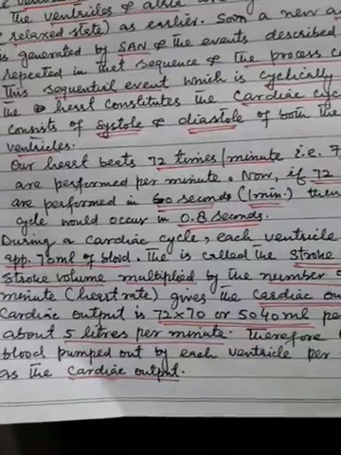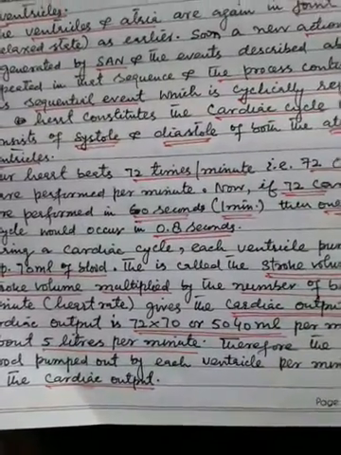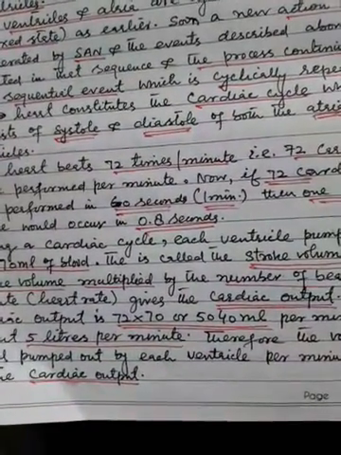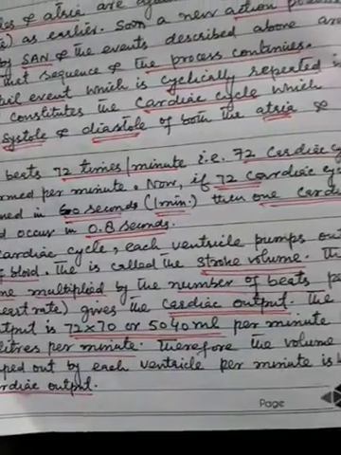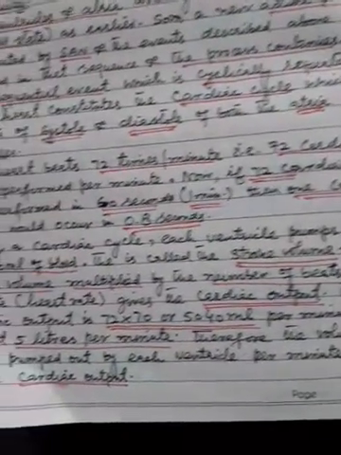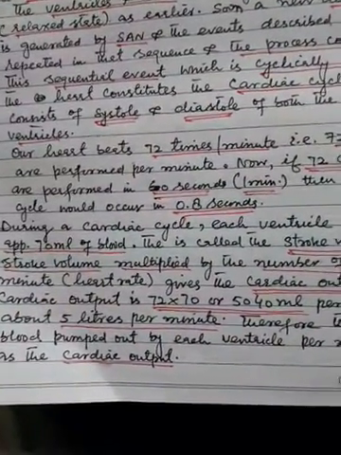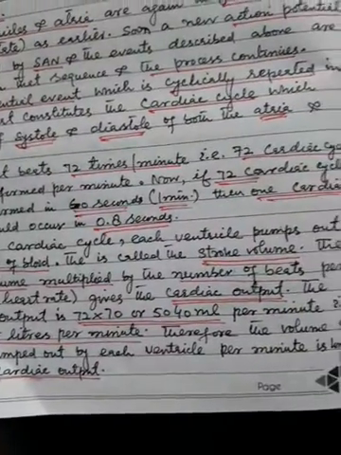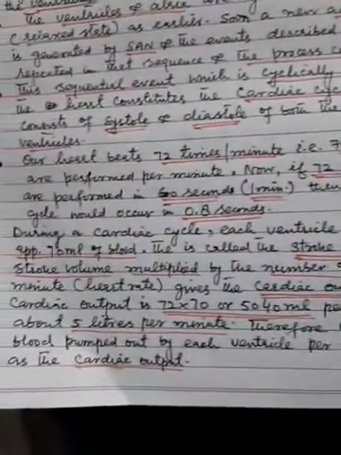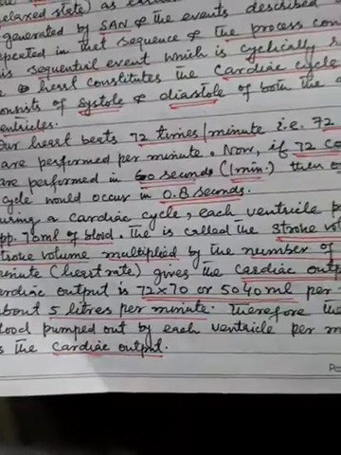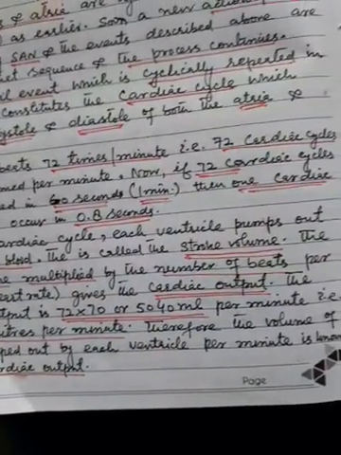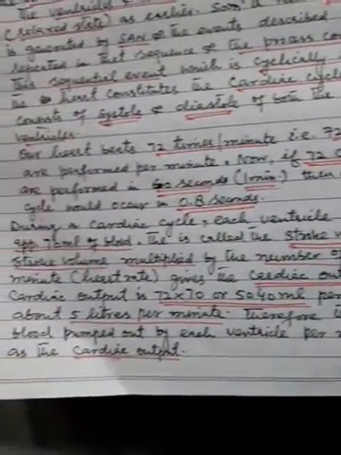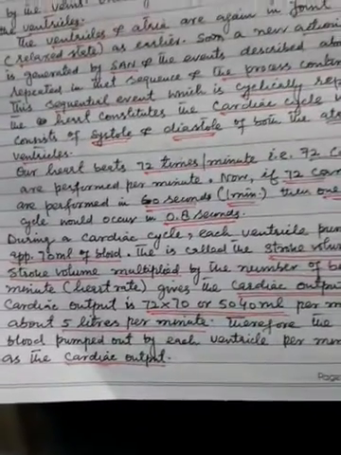The cardiac output is 72 into 70 or 5040 ml per minute, that is about 5 liters per minute. Therefore, the volume of blood pumped out by each ventricle per minute is known as the cardiac output.